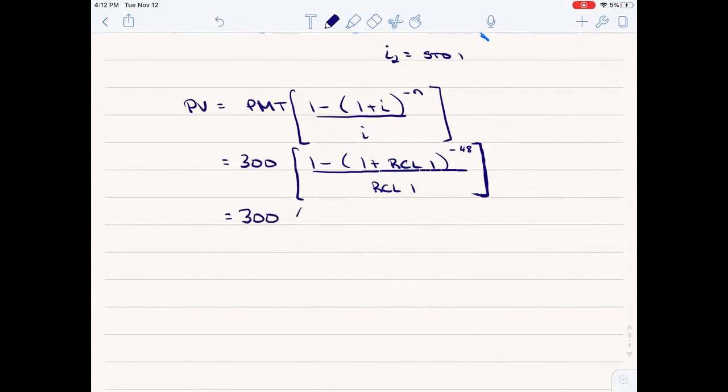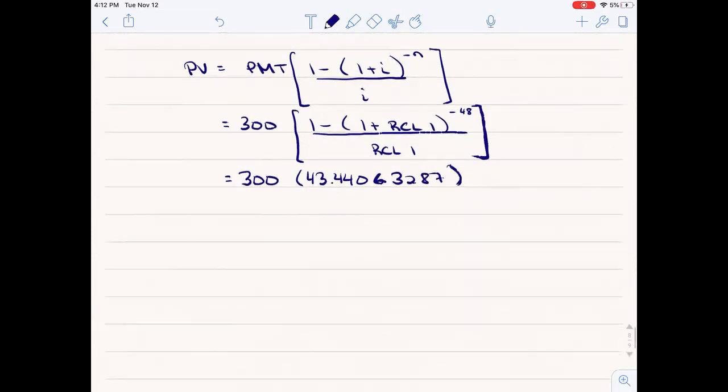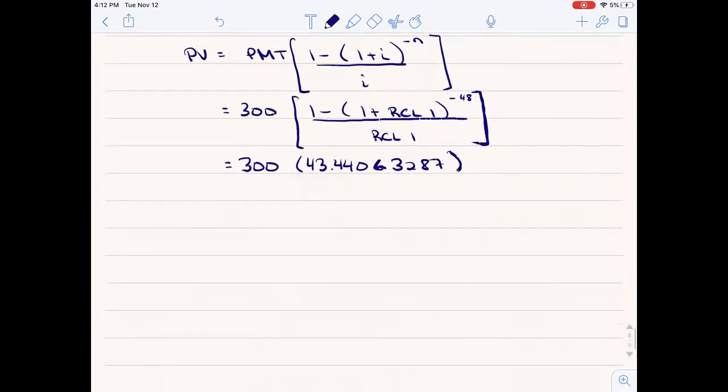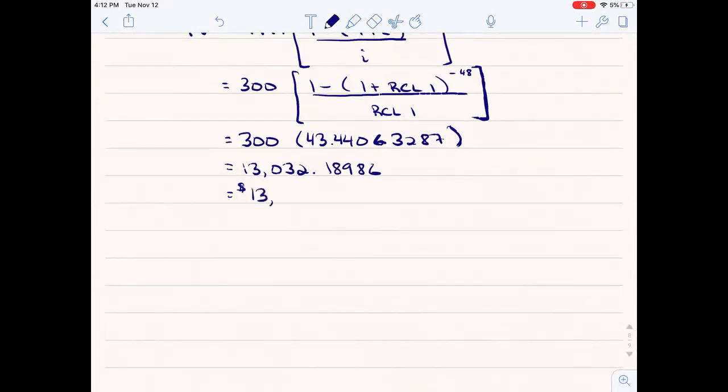I get 300 times 43.44063287. So times 300. So then my present value is 13,032.18986, which if we're dealing in money, right, we want 2 decimal places, 13,032.19.